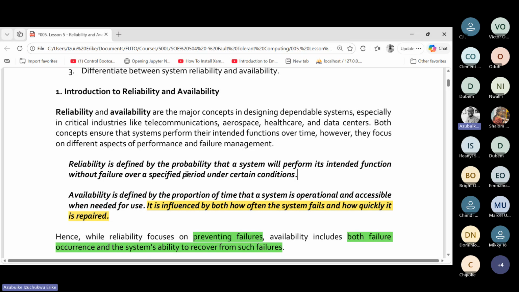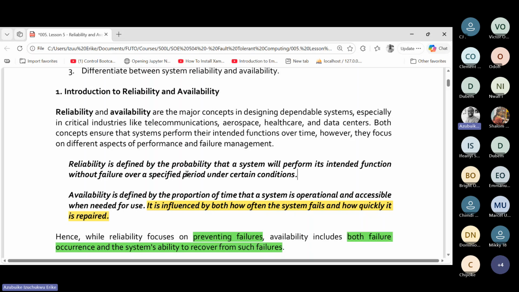So this availability is influenced by how often the system fails, and then how quickly it is repaired. So you now see that there are other things attached to the availability of the system. One is the reliability of the system, that's how often, the probability of the time we can use the system.